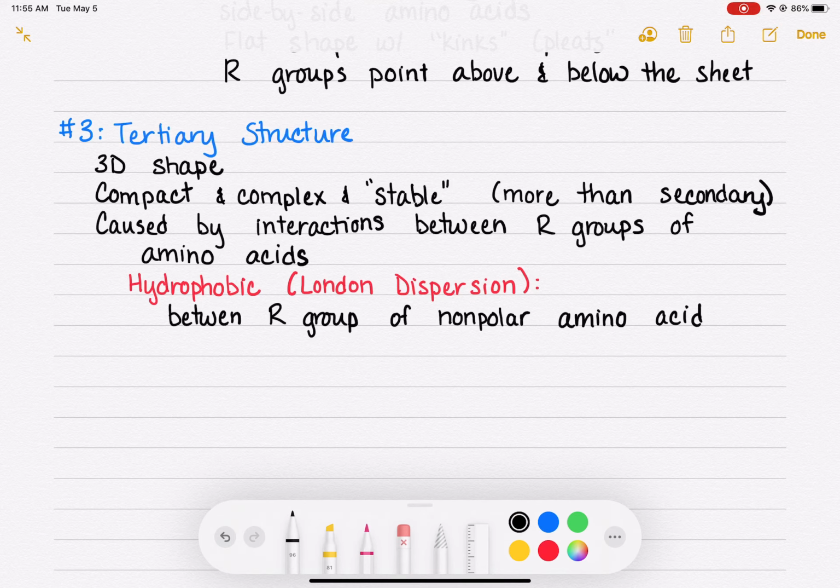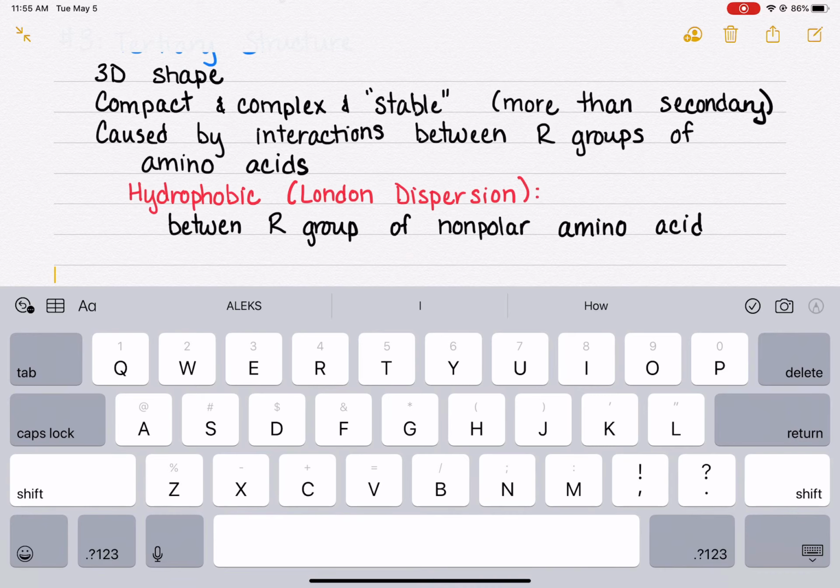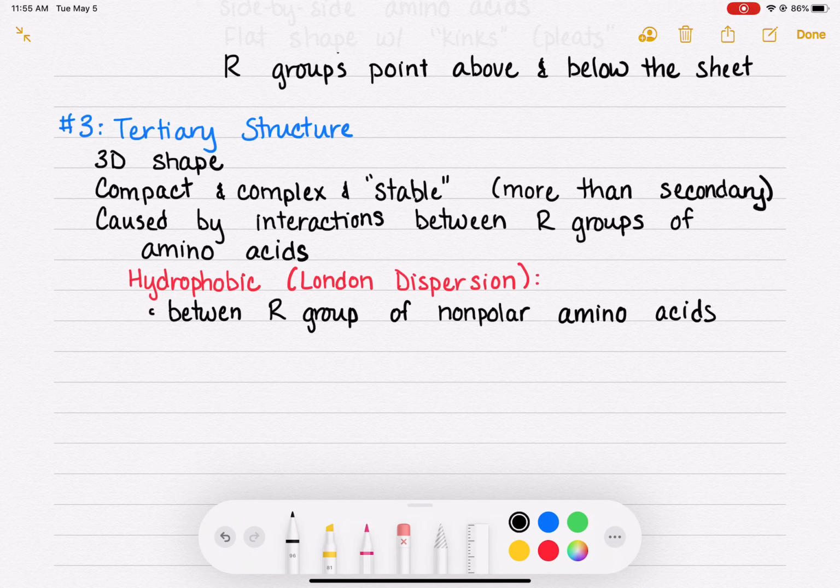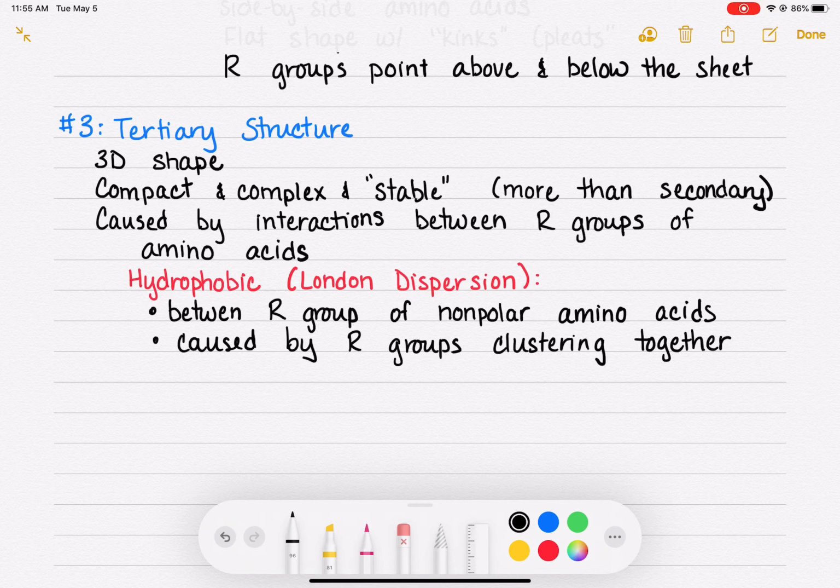So it's between the nonpolar R groups of amino acids. It is caused by the R groups clumping together or clustering together. So they're not hydrogen bonding with each other. They're not really doing anything other than just sort of getting together and hanging out together.